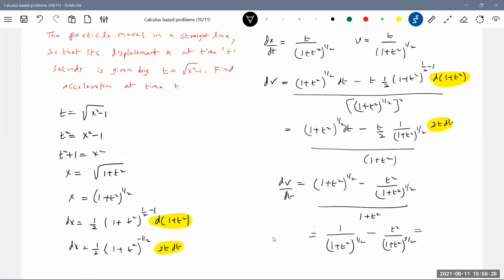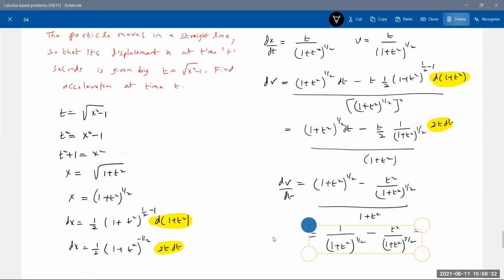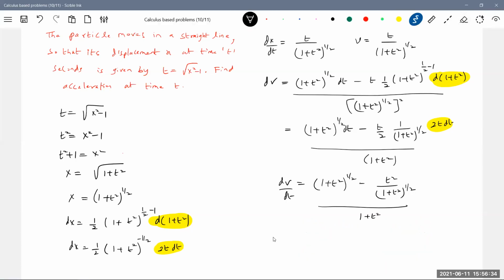This will be very lengthy, so we can do it in this way. The t square in the numerator will cancel, t square again with (1 plus t square) to the power 1 by 2. So this will become 1 minus t square by 1 plus t square.